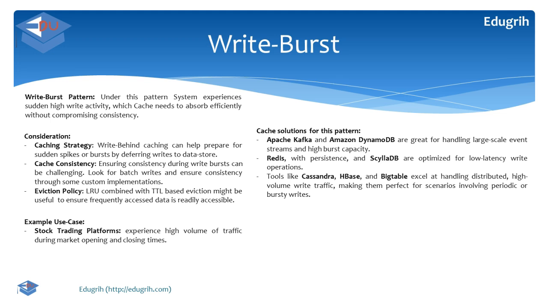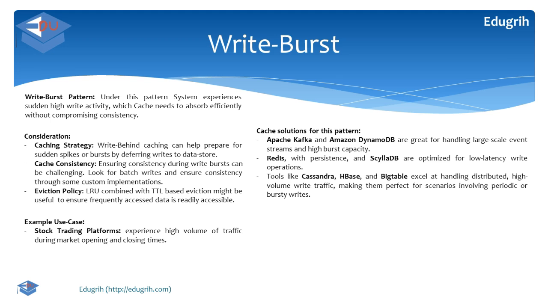Cache consistency. Ensuring consistency during write bursts can be challenging, but it is important to ensure this through batch writes, and consistency is expected at a certain level. If not perfect consistency, eventual consistency may be required.